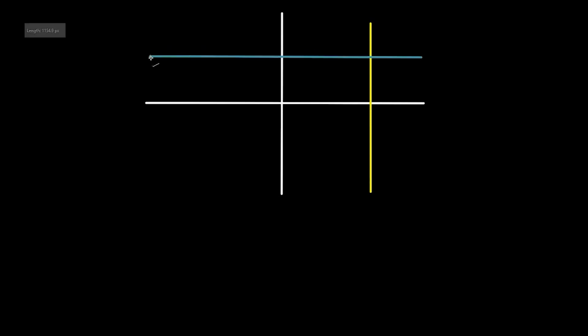Finally, let's consider horizontal and vertical lines. Let's say we have a vertical line here, and let's say we have a horizontal line here. Now, these lines have equations too, just like any other line. This yellow line is x is equal to a constant.